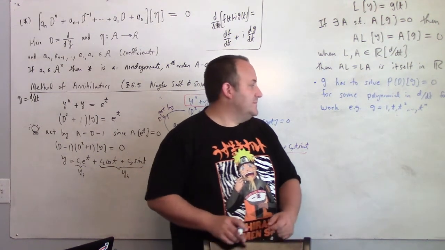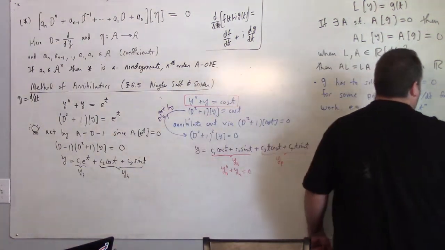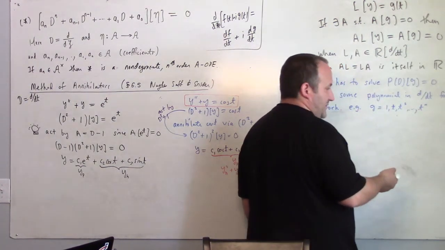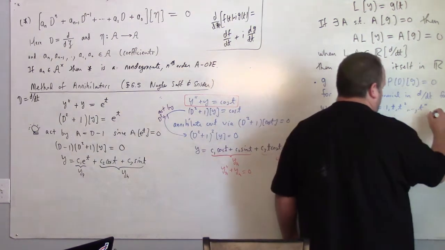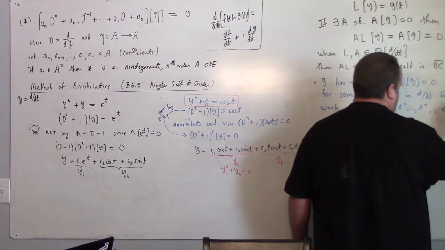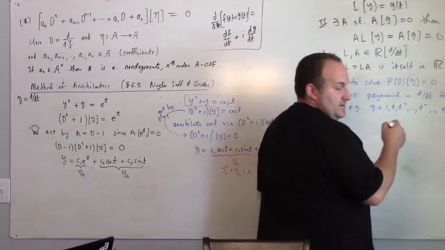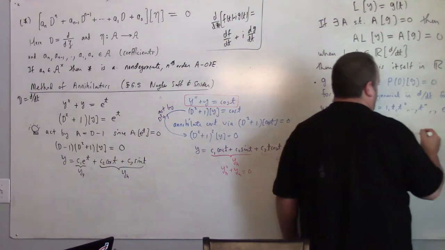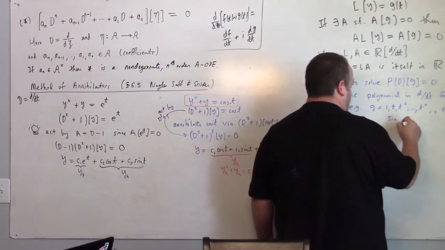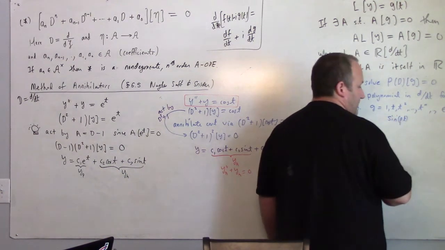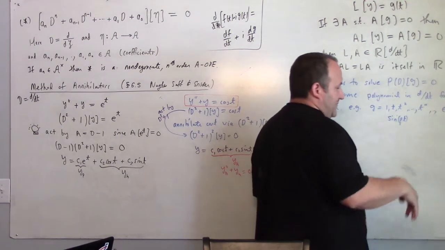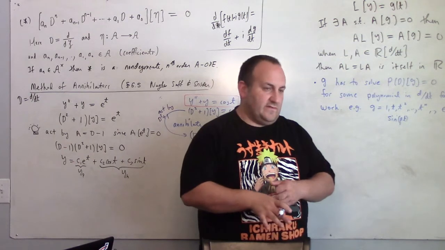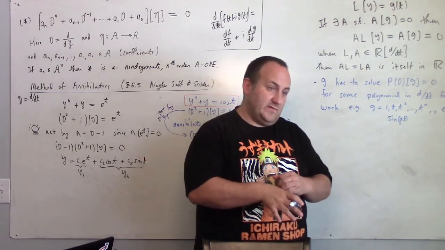But what else is a solution? Also e to the alpha t, right? Or cosine beta t, or sine beta t, or products or sums thereof. Sinhs and coshs are also fine because they're a linear combination of exponentials.